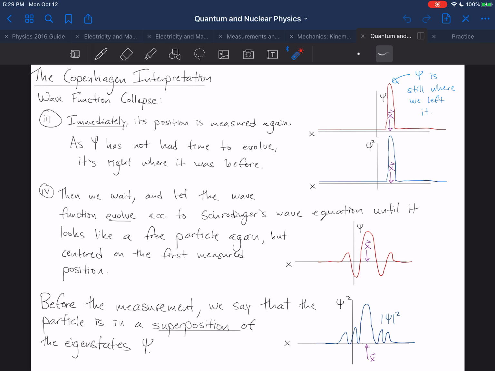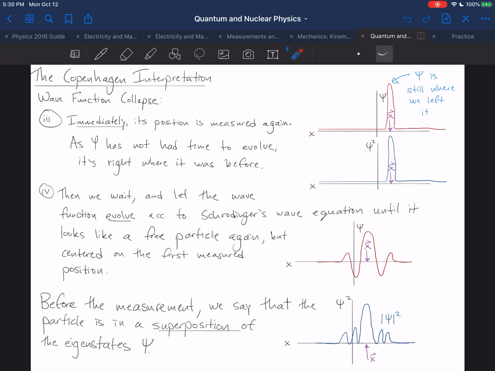Now if you measure the position, you will find it with the probability given by psi squared of this particular wave function. Before the measurement, and this is really quite tricky, we say that the particle is in a superposition of the eigenstates psi. What this means for this example is that we don't really want to say the particle is everywhere all at once.